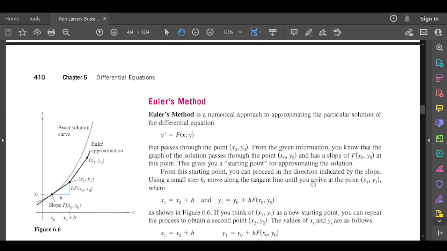So Euler's method, this is a numerical approach in approximating a particular solution of a differential equation. Okay, I think you can read Euler's method sa previous sections sa numerical analysis sa itong part, no?